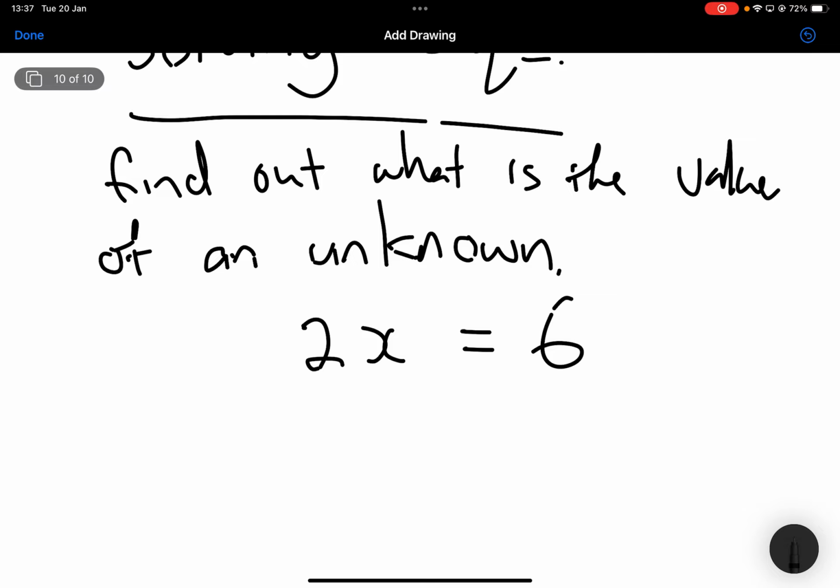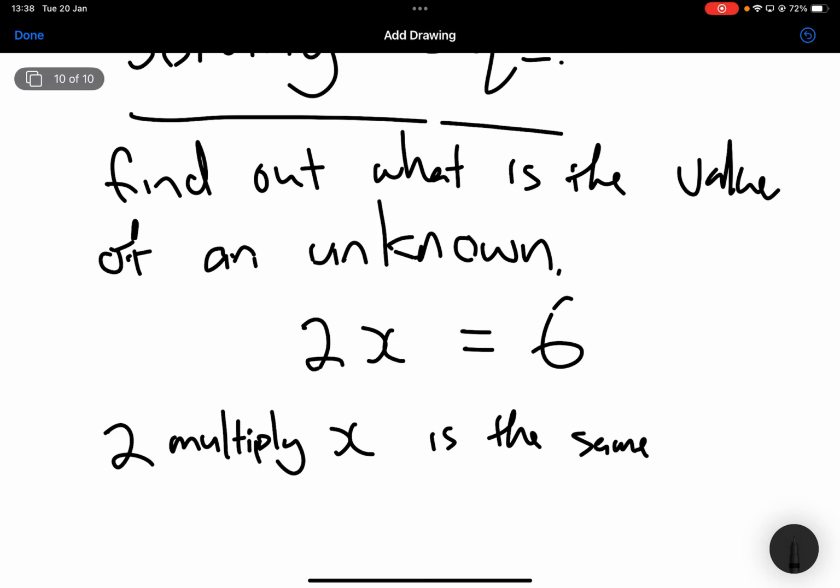In this simple equation, it is telling you 2 when I multiply x is the same as 6. 2 times x is the same as 6. So from this equation, I can work out the unknown value of x.